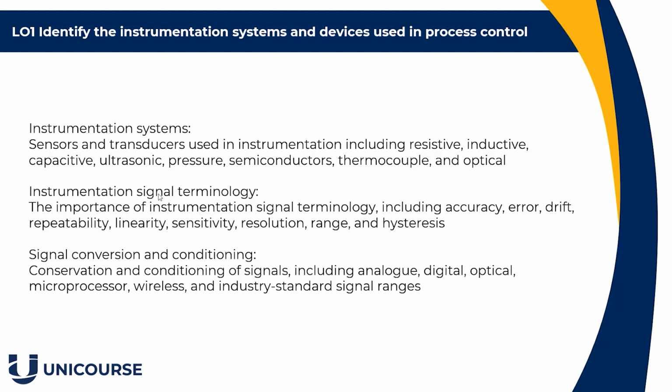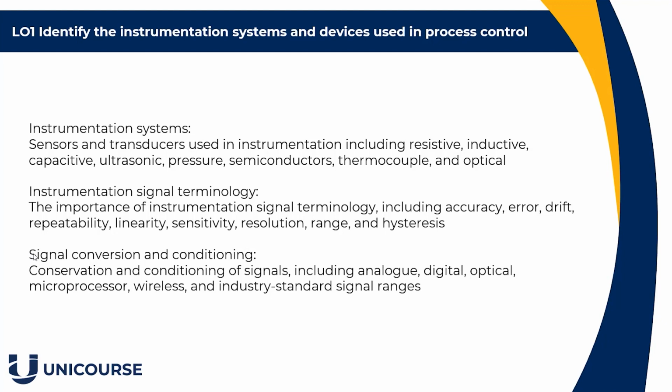Now, instrumentation signal terminology. This includes accuracy, error, drift, repeatability, linearity, sensitivity and resolution, and all these are very important as part of the system and how it all operates, and the terminology we use. Now, when a signal comes in from the outside world, it doesn't just come in and stay like that. It has to be converted.